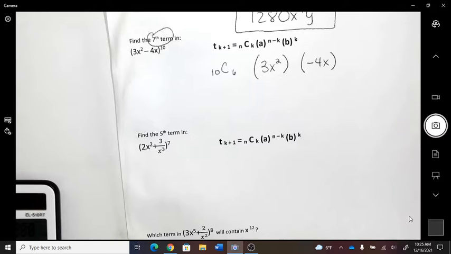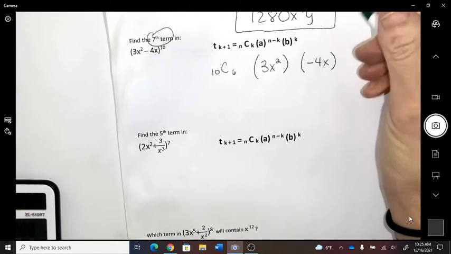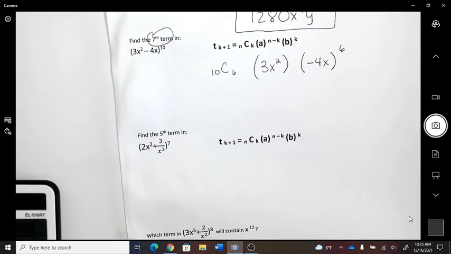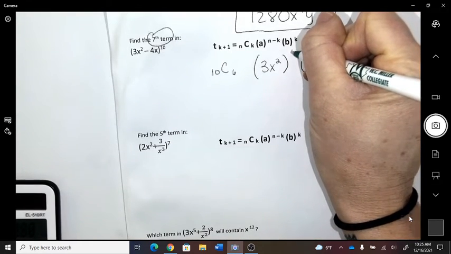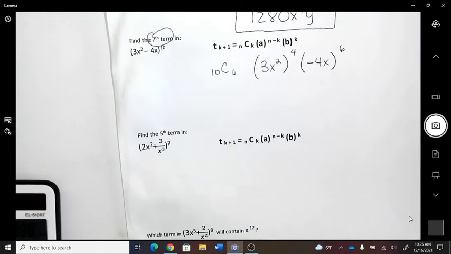Okay? Can you figure out the exponents on each little part? Okay, so the last exponent should be a 6. And the inside exponent should be, subtract them, a 4.